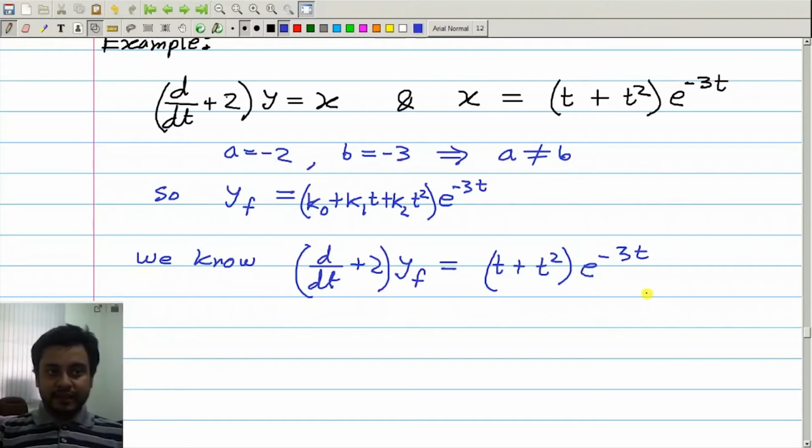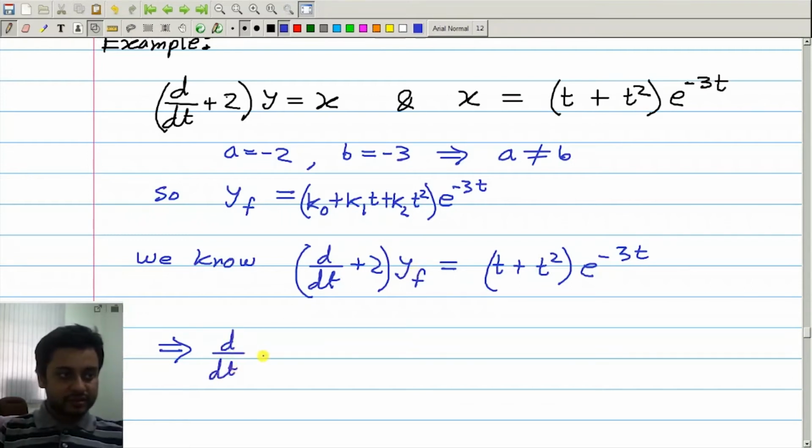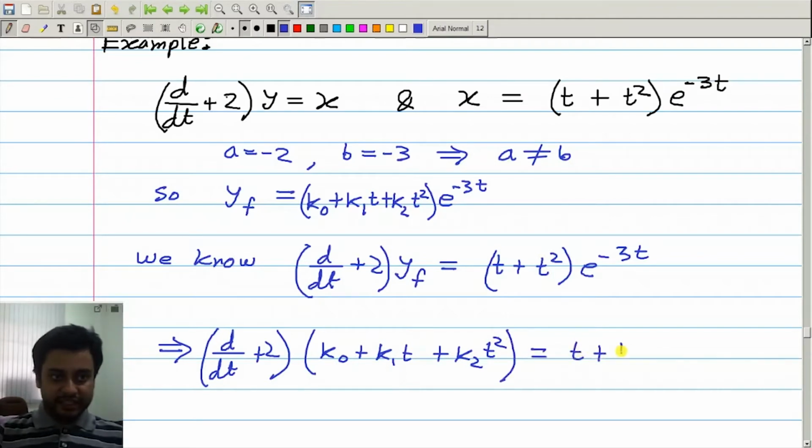This is the key trick, the main trick: the operator acting on y_f must give the input x. Let me put the value of y_f, which is k0 plus k1t plus k2t square, times e to the power minus 3t, and the right side is as it is.